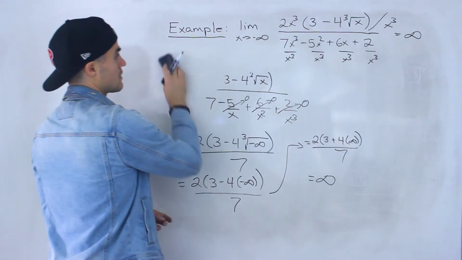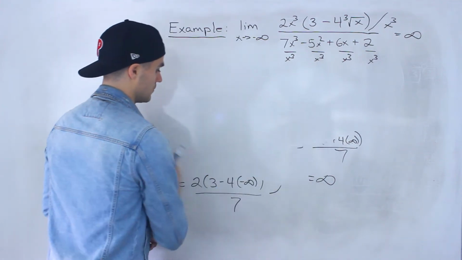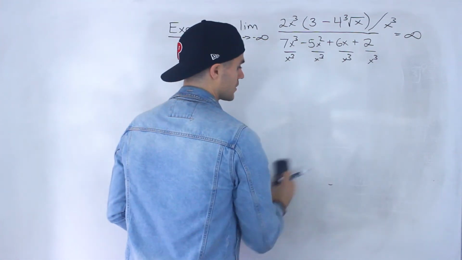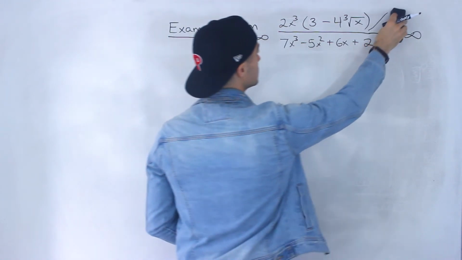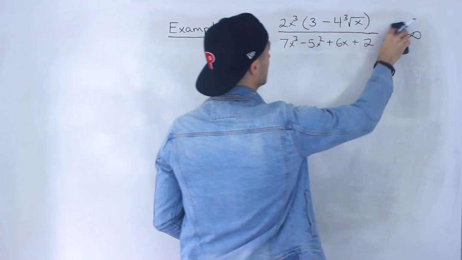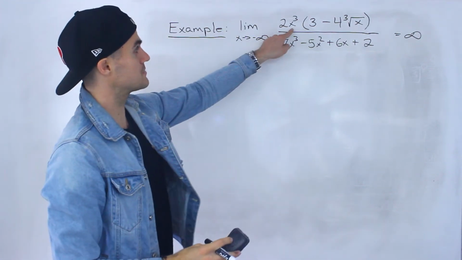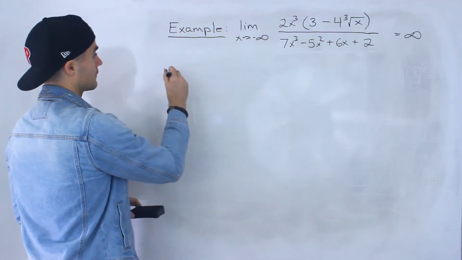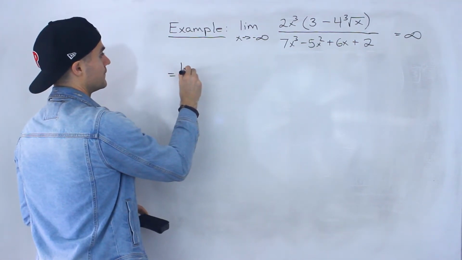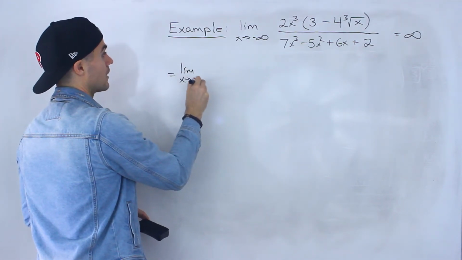Another way the work for this limit could be shown: instead of dividing by x to the power 3 right away, because we already have x to the power 3 factored out at the top, we can factor out an x to the power 3 at the bottom as well.